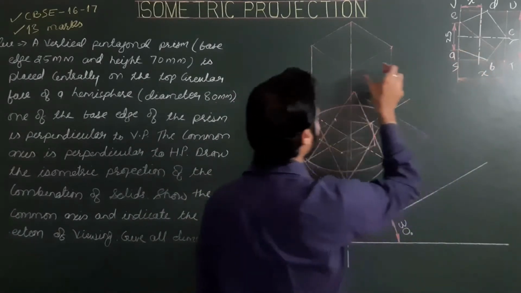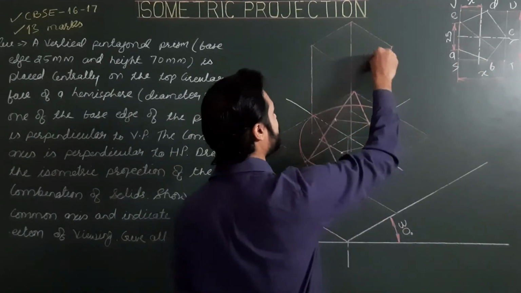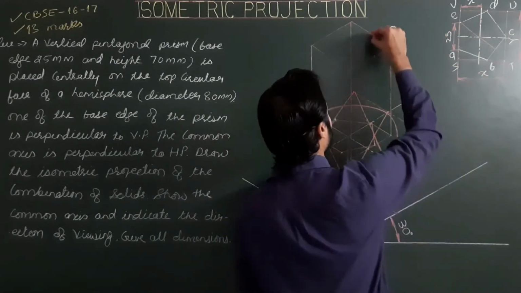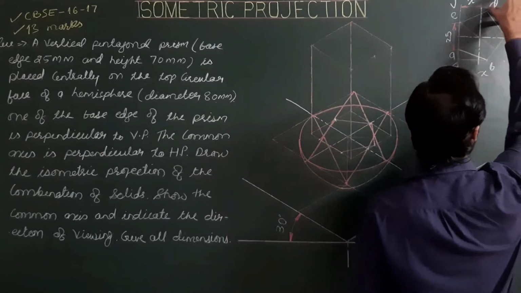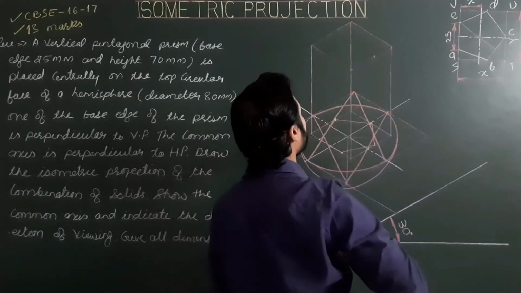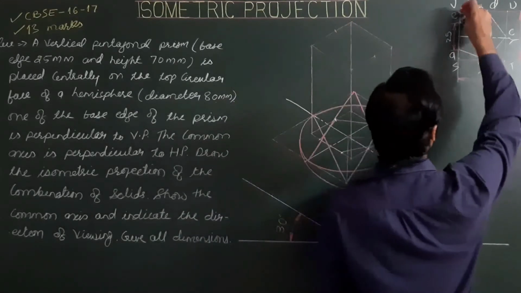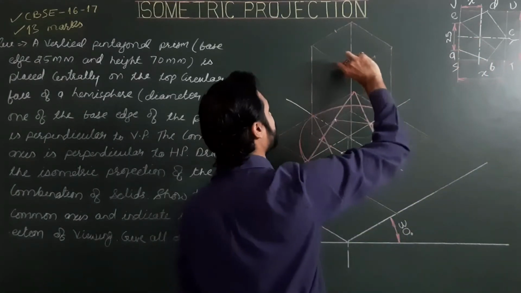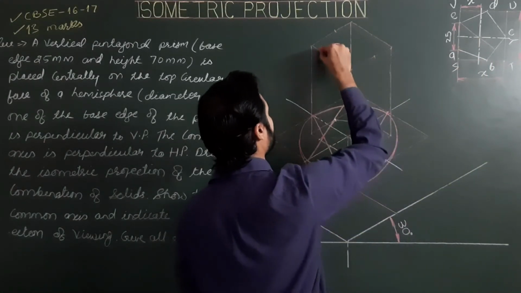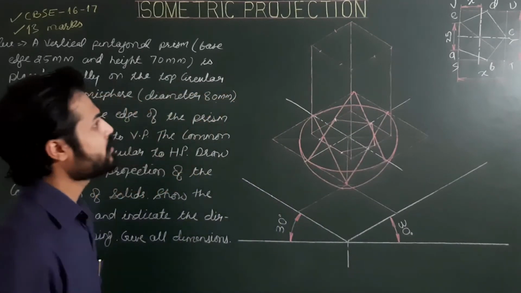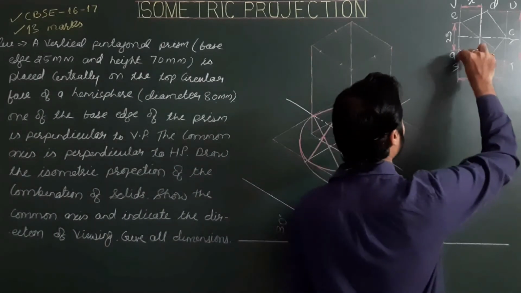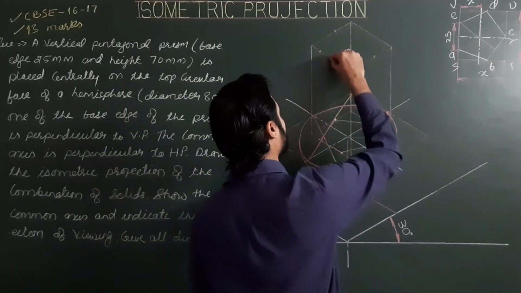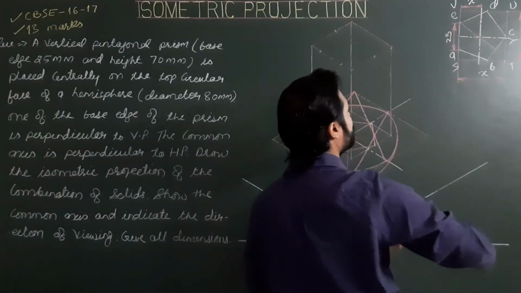From S to B, then T to C, U to D, V to E, and S to A. These are the 5 corners of the pentagon. Also, from S to the point of intersection of the center line and the side.